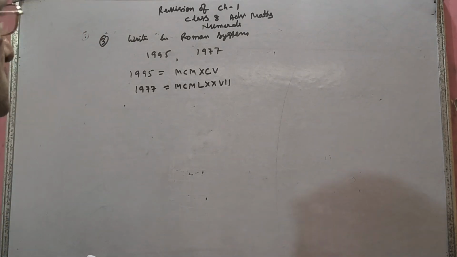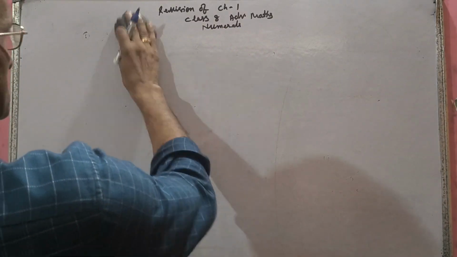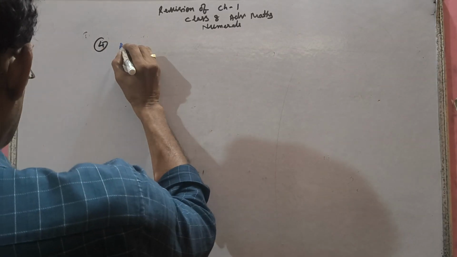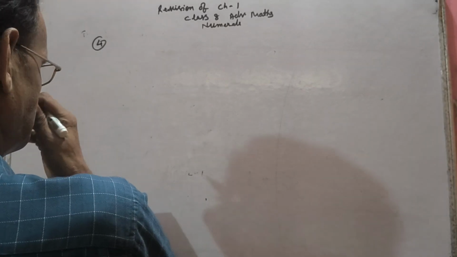Now I promised to give you different types of sums of this chapter. Number 4: numbers with different bases are given, and you will convert them to the decimal system.